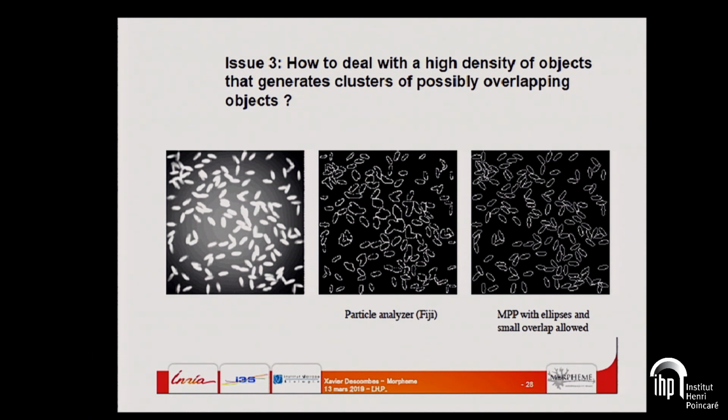For instance, with a particle analyzer, you basically threshold the image, and then you select particles with respect to their size or circularity parameters. Depending on what you use, you either keep this one or remove all of it, because you don't have more information. Using the information that you know, here it's something like rice, you can split the cluster in a proper way.